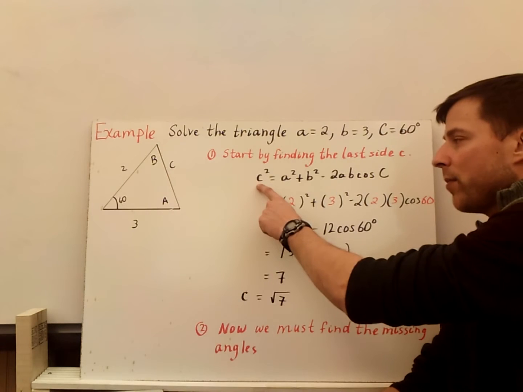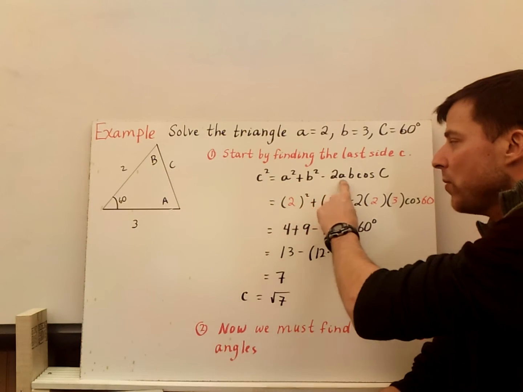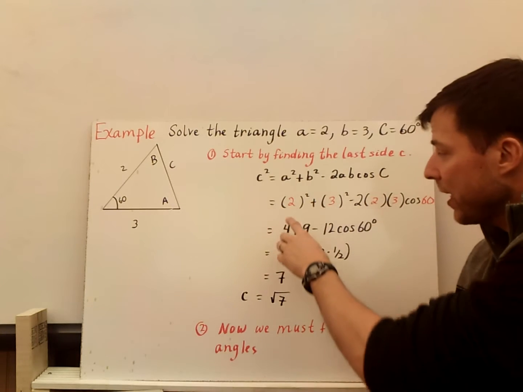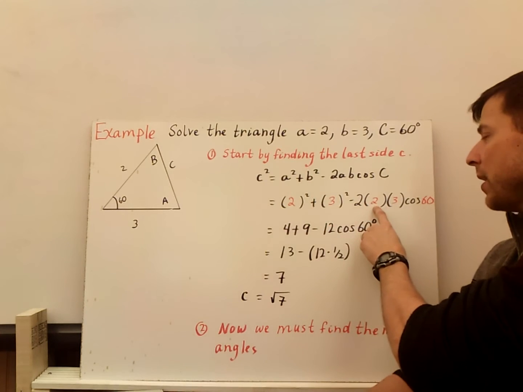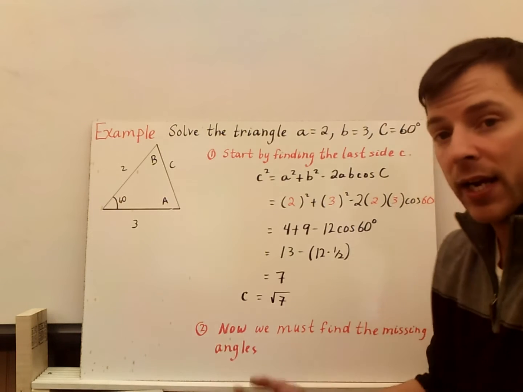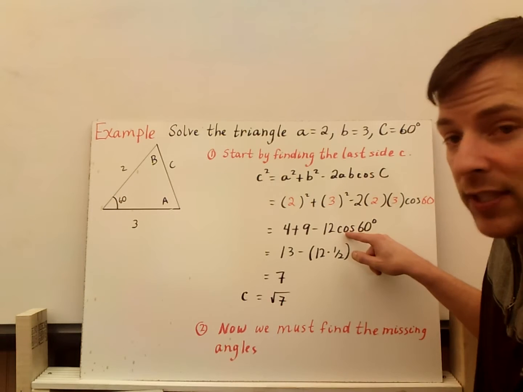I know my formula for c is c squared equals a squared plus b squared minus 2ab cosine of C. Now I substitute everything I know. a is 2, b is 3, and the angle measure is 60 degrees. Now here comes the algebra: 4 plus 9 minus 12 times the cosine of 60.